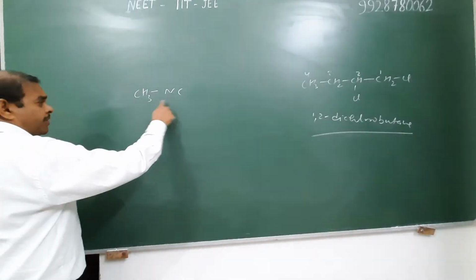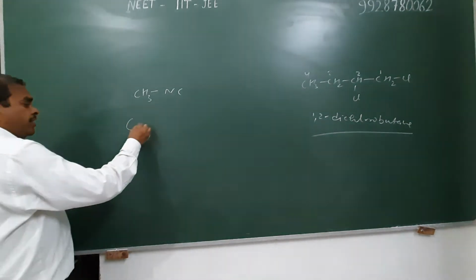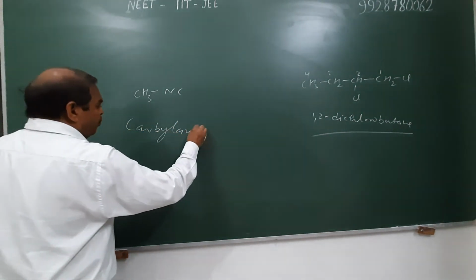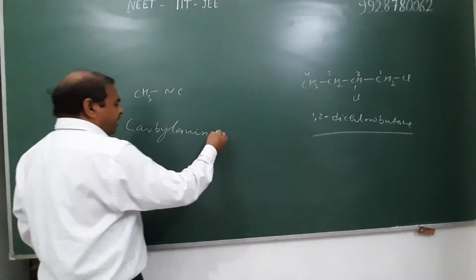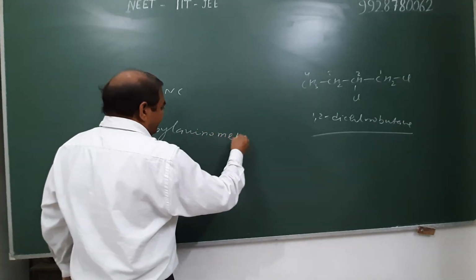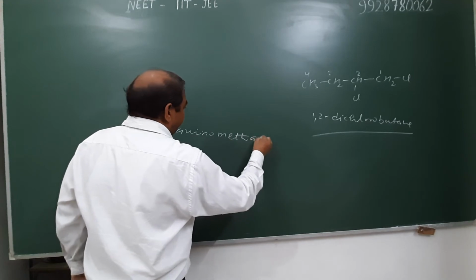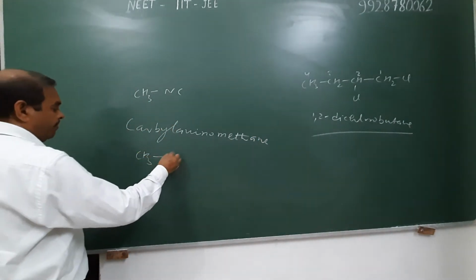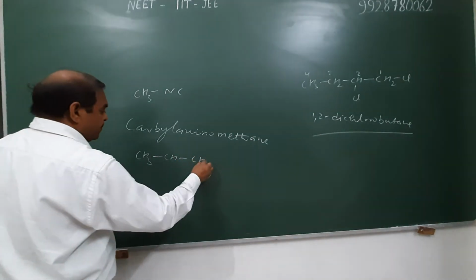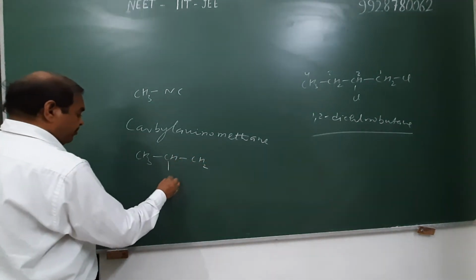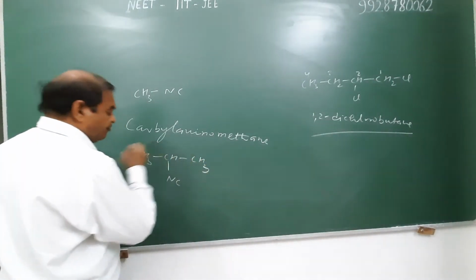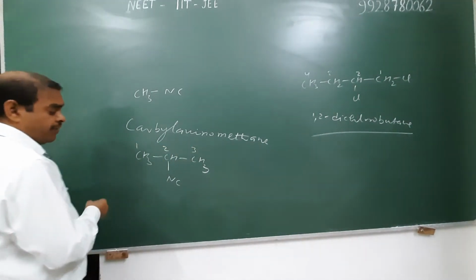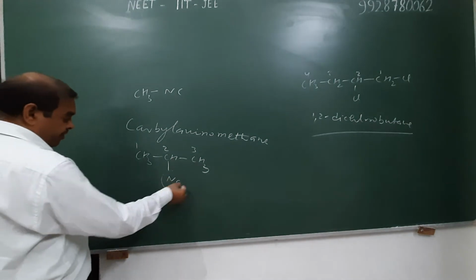Its prefix is carbylamino. Therefore its name is carbylaminomethane. Similarly, we select the longest chain and give minimum position to the substituent and write the name of the substituent first.